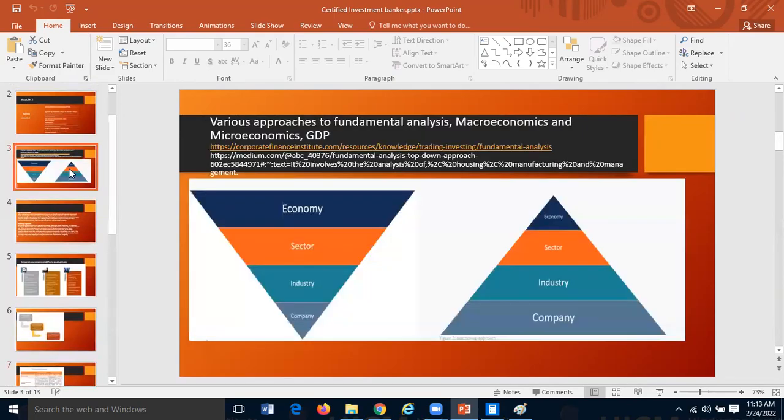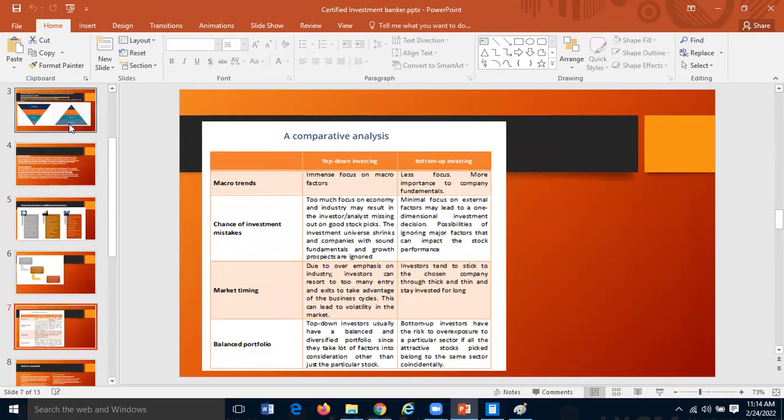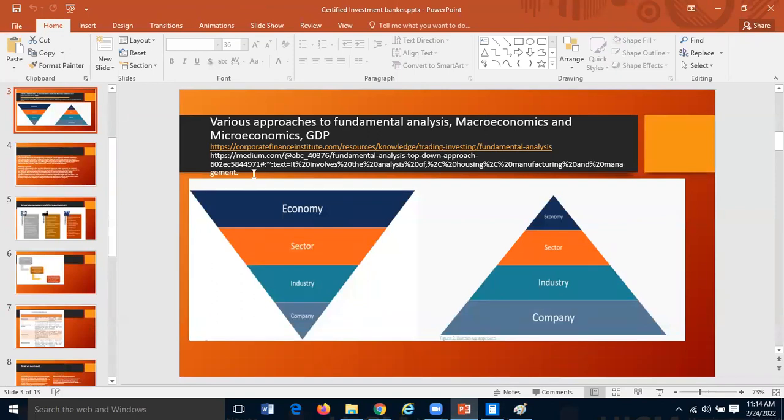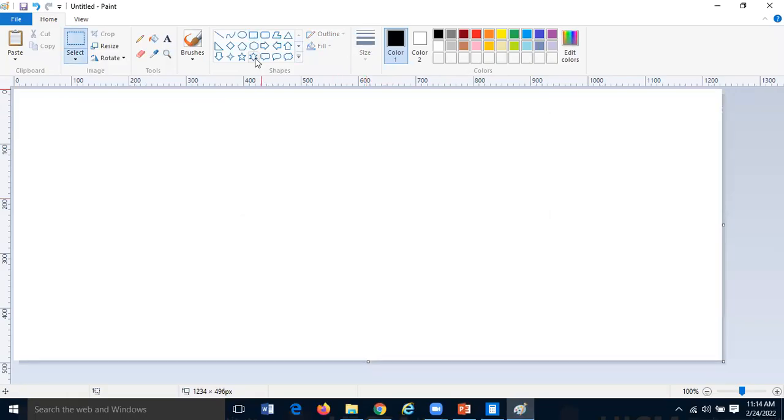As per the factors we are looking at, this is the approach we have to follow. Here you see top-down investing and bottom-up investing. We are placing the economy first, and we will see one by one how the economy is performing, what it is and how it is affecting.